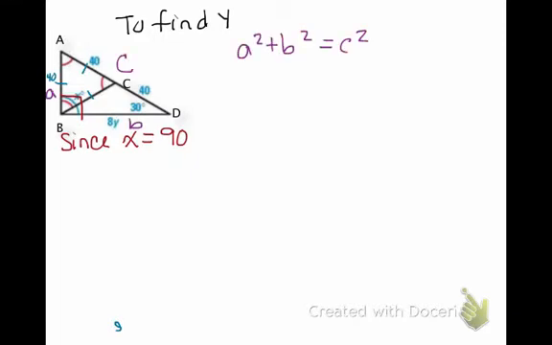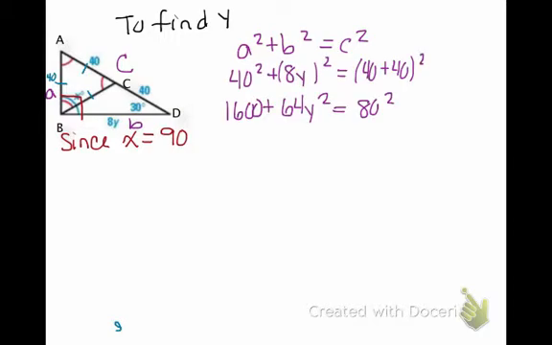Since we have a right triangle, we can use our Pythagorean theorem. We have a squared plus b squared equals c squared, where a and b are the legs of our right triangle, and c is our hypotenuse. Remember, the hypotenuse is the side right across from our right angle. When we plug it in, we get 40 squared plus (8y) squared equals (40 plus 40) squared, since that makes up c.